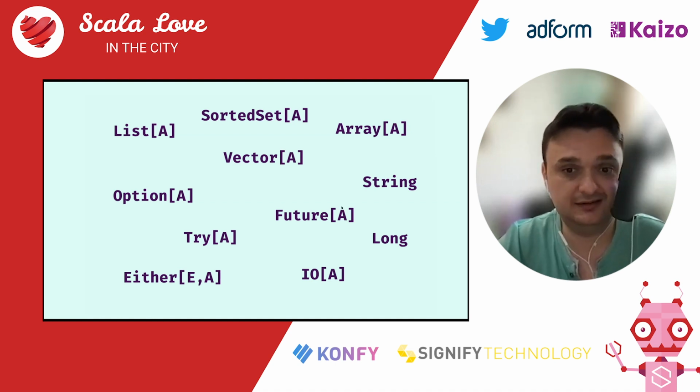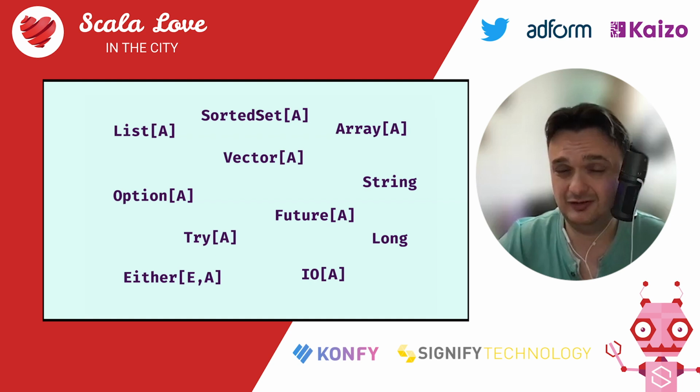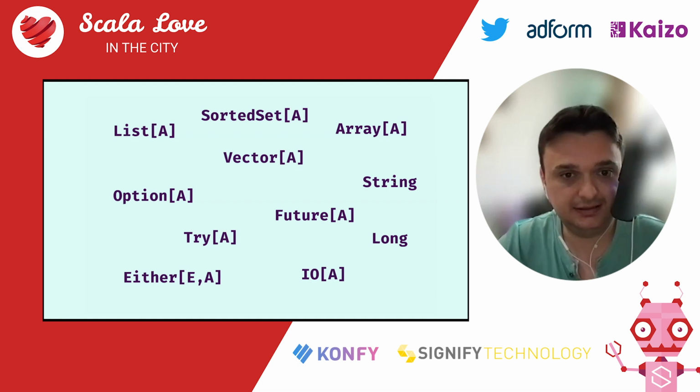If we look, for example, at these types in the Scala standard library, the top types are collections. 3 of these types can be iterated over and have an insertion order. Sorted set doesn't have an insertion order, it's sorted. This can be concatenated, but only sorted set has a concatenation that is commutative. A string also can be concatenated and is not commutative, it's just associative.